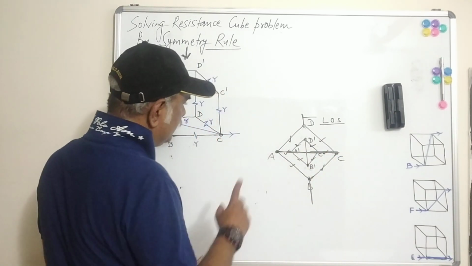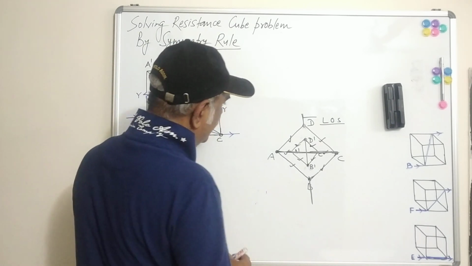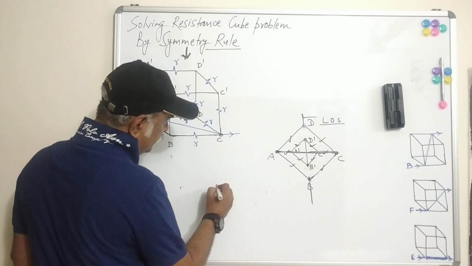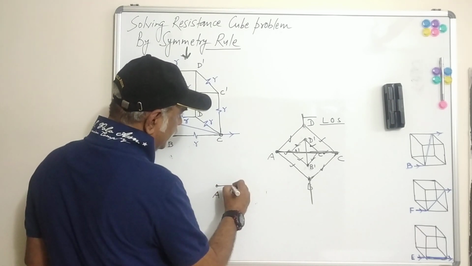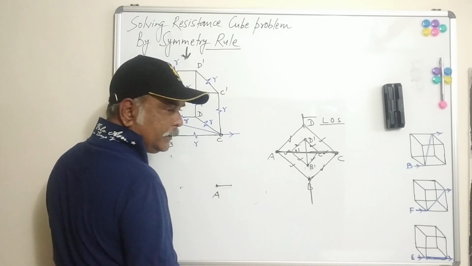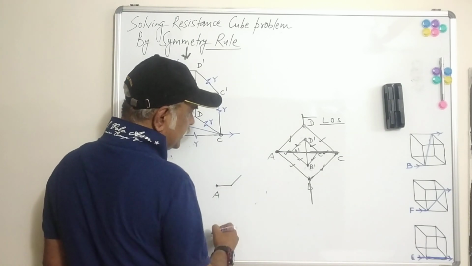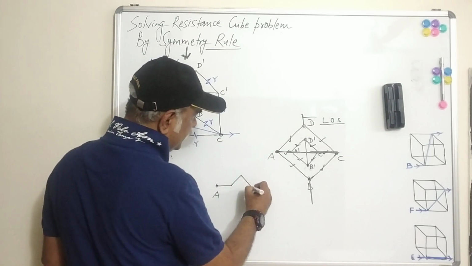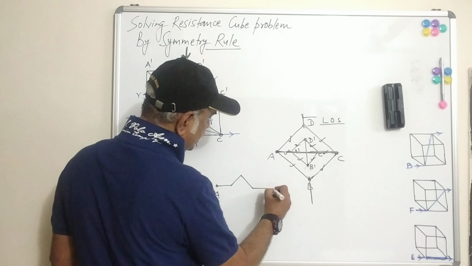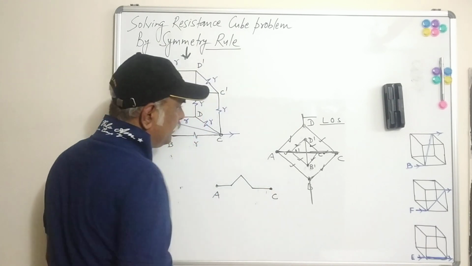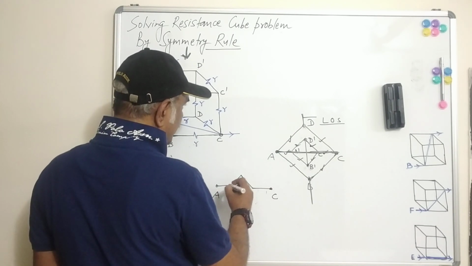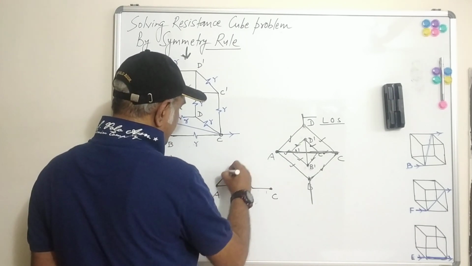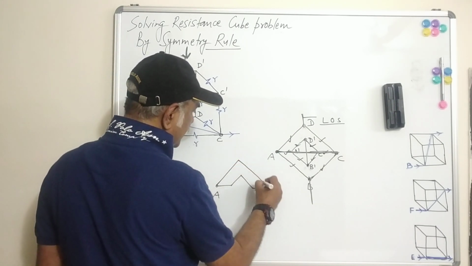So now try to think about the diagram. Let us mark this point as A. One resistance we have here to here, then a resistance like this, then a resistance like this, then a resistance like this, and this is the point C. On the upper side, now we have a resistance like this, and a resistance like this.